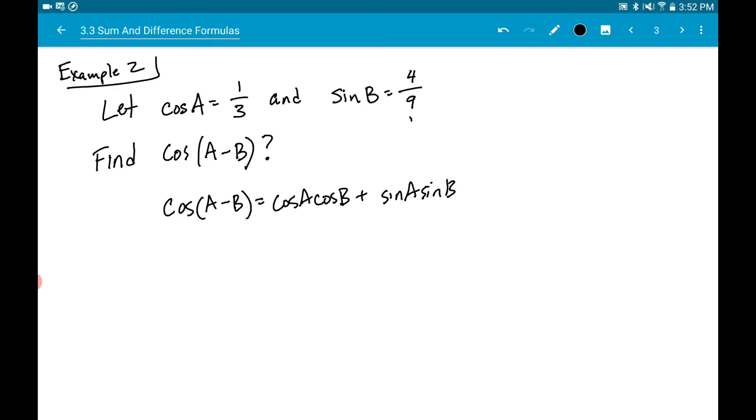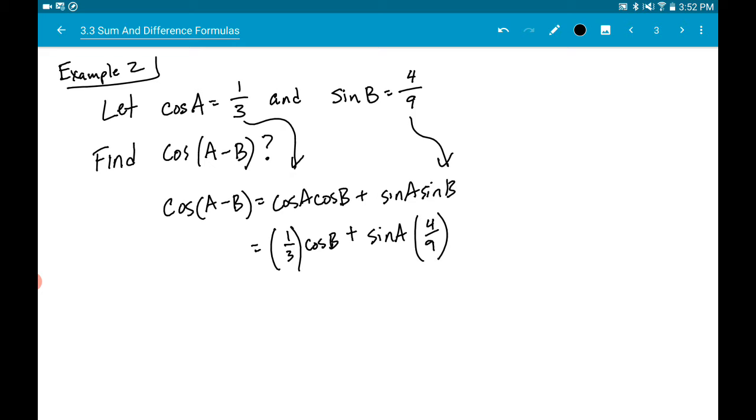Sine B is going to go right here. Cosine A is going to go right here. So I'm going to have 1/3 times cosine B, which I don't have yet, plus sine A, which I don't have yet, times sine B. So I'd encourage you right now to pause the video and try to set up your triangles. I'm going to do it in just a moment.